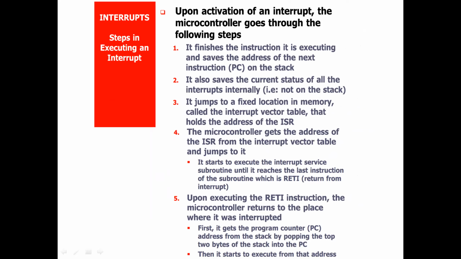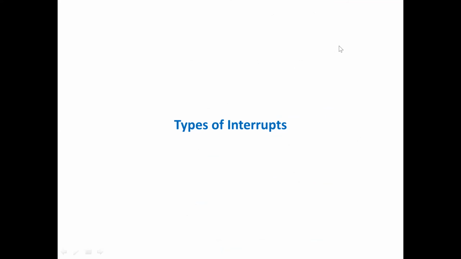The next instruction which is going to be executed by the main program will be loaded into the stack. These operations are done before starting the interrupt service, and it is taken care of by the controller. I have given this just for basic knowledge; if you want, you can read it. Now we will discuss the types of interrupts.